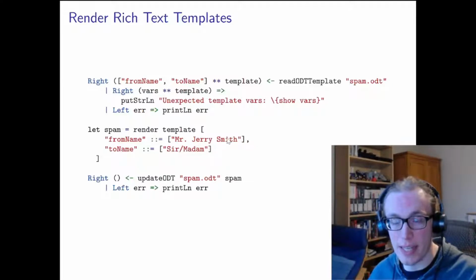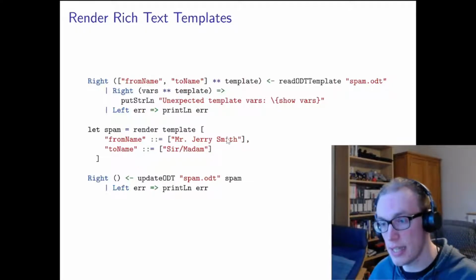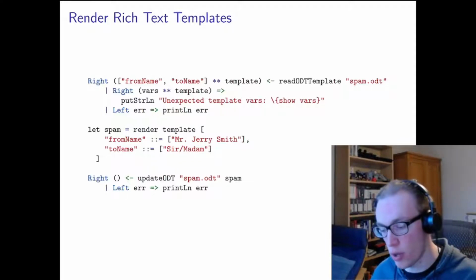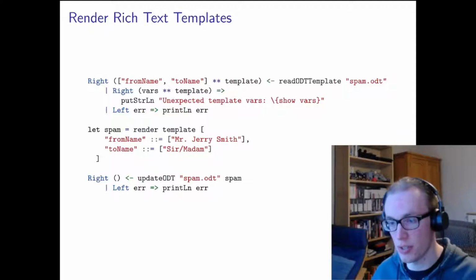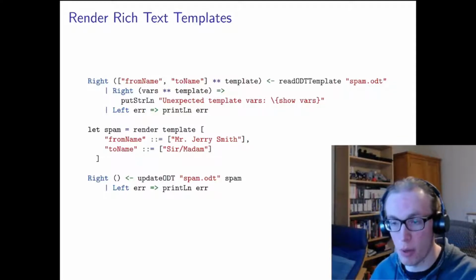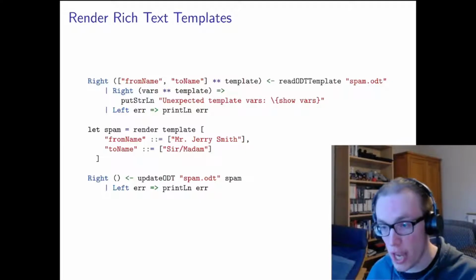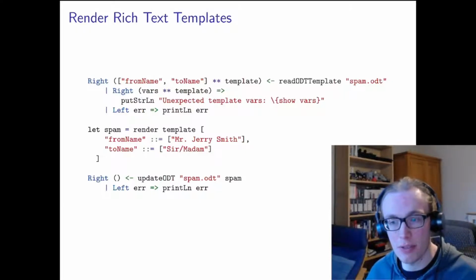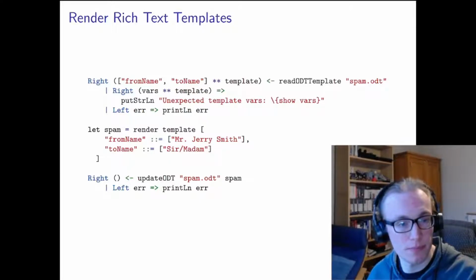So this is character data here, but we could also interleave other XML elements if you happen to know what the representation of some object you want to inject into your document is. So this allows you to inject rich objects, not just raw text.